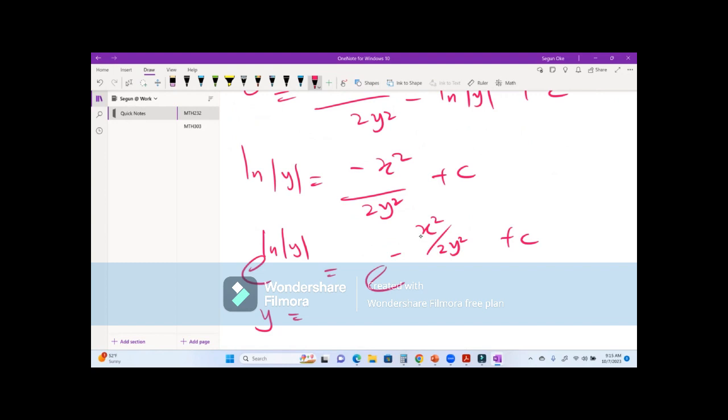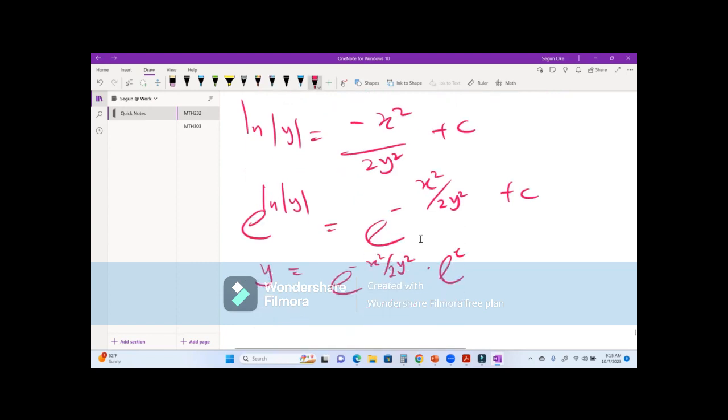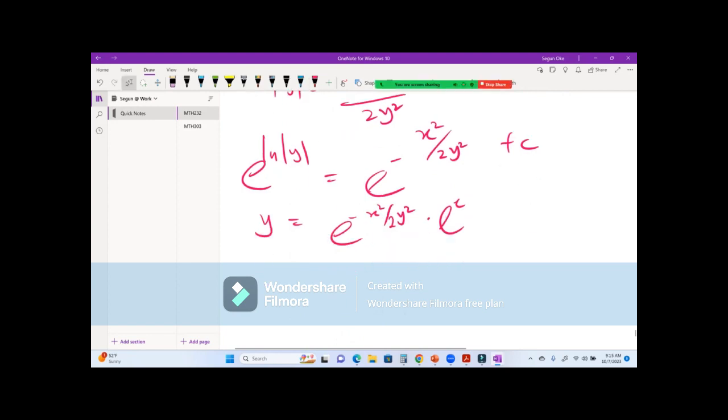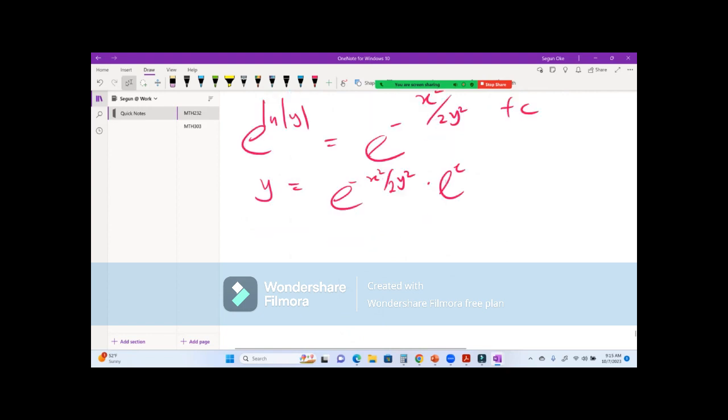You have y equals exponent minus x squared over 2y squared, dot exponent c. You remember plus becomes multiplication when it comes to exponentials.